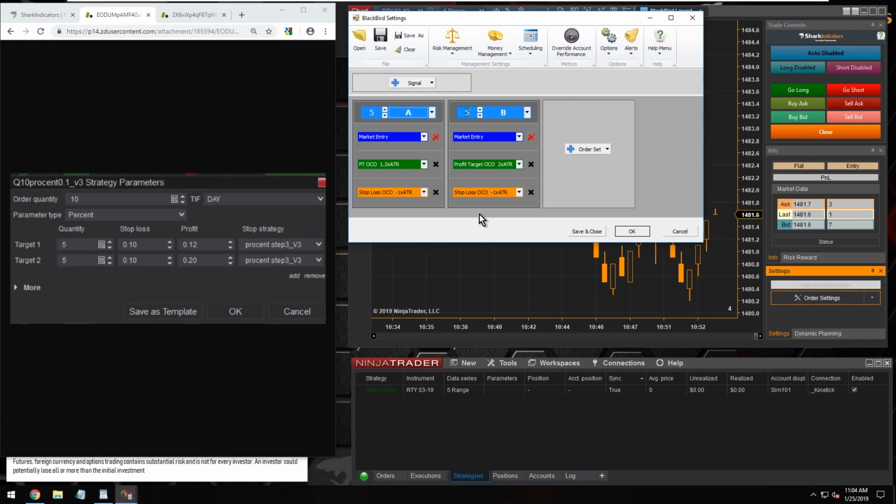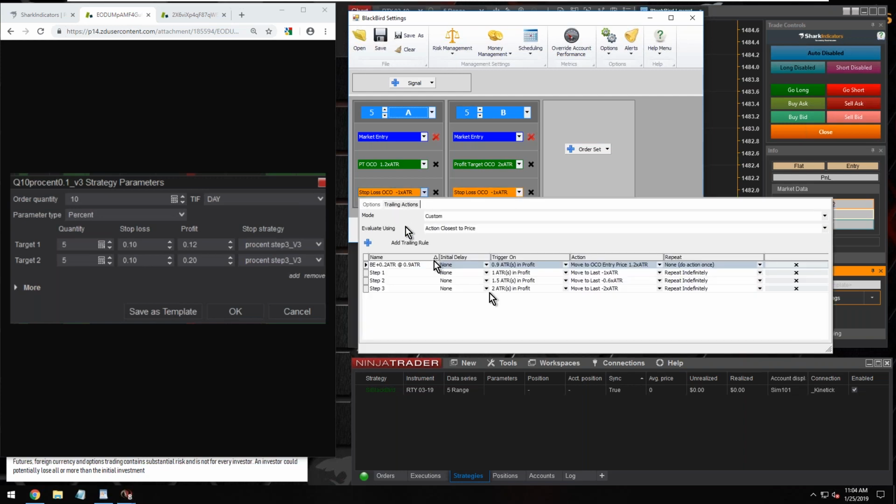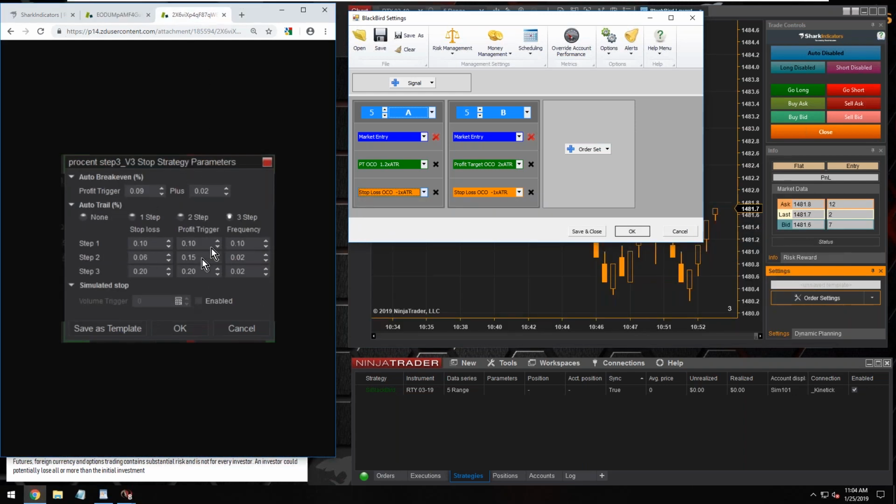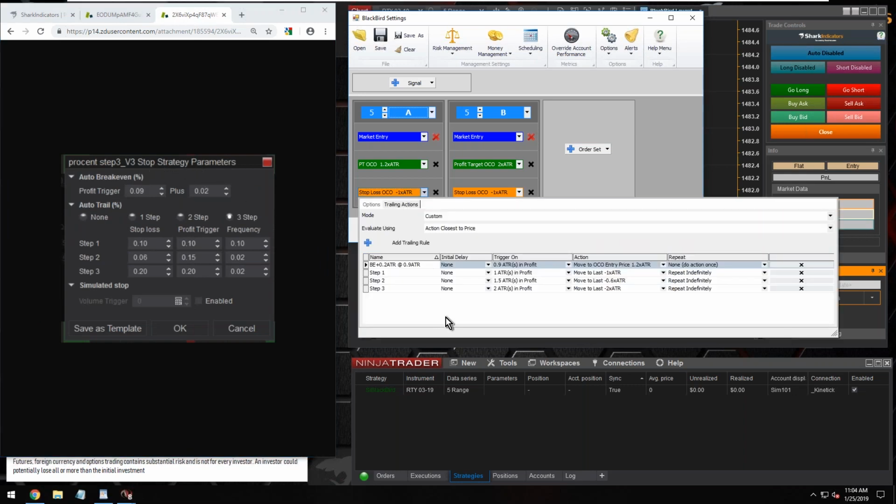So, with all that, I'll just leave this stop loss trailing window open here, and I'll select the stop strategy parameters of the ATM, and I'll take a moment to see if there are any comments coming in while I was explaining this.